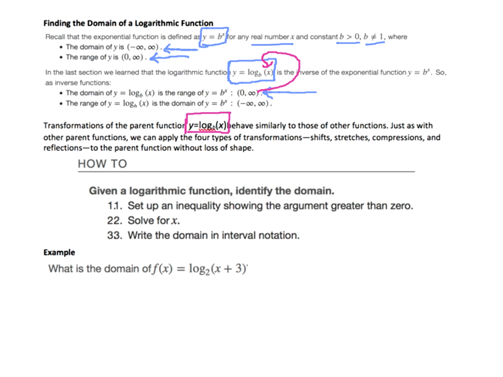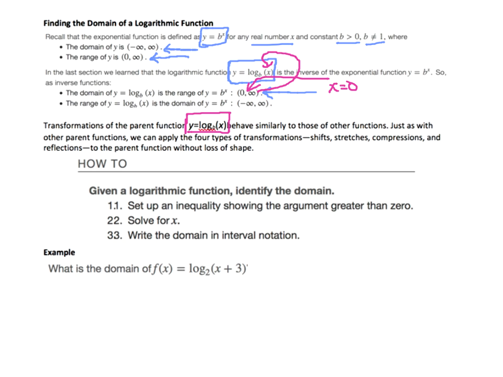So if we shift left and right, that's going to move our asymptote, hence restricting our domain. So when these logarithmic functions have not been shifted at all, we have x equals 0 as our vertical asymptote, making our domain 0 to positive infinity.